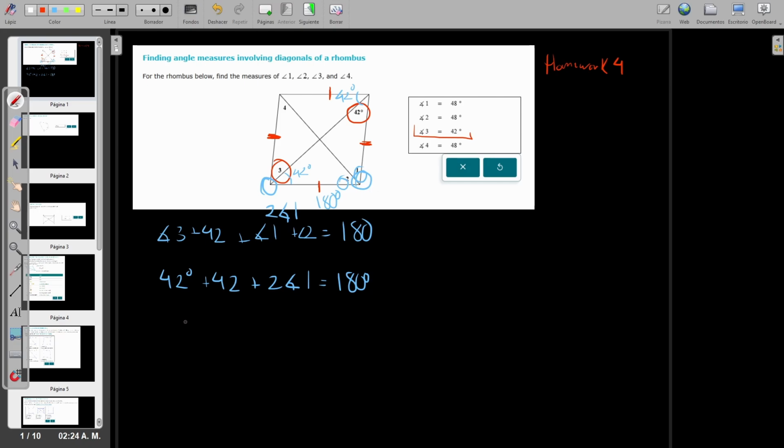So this is going to be putting 2 times the angle number 1. That's going to be 180 degrees minus 42 minus 42. This is going to be 96 degrees.